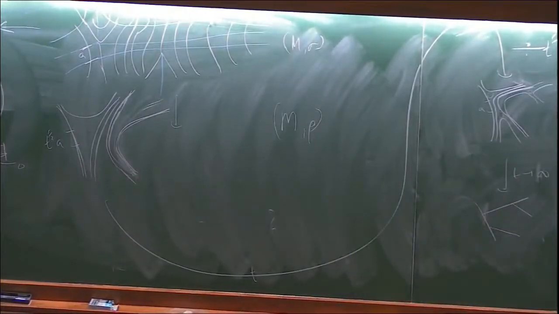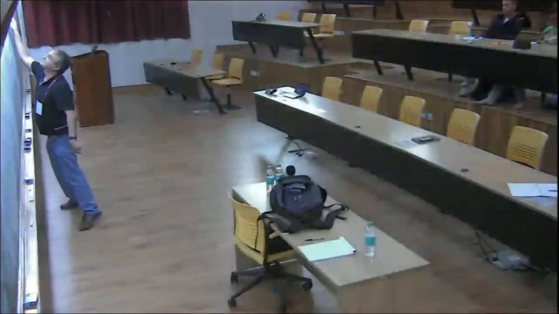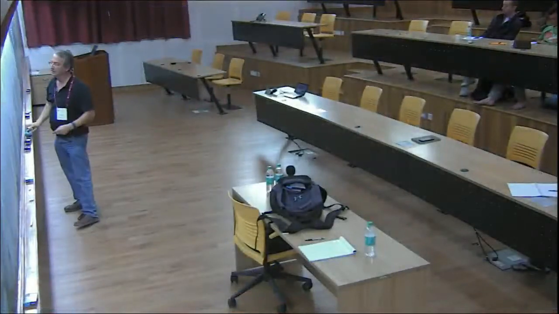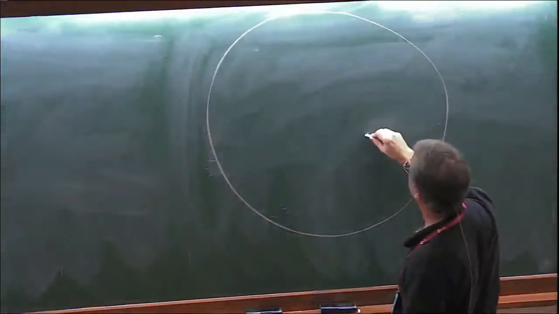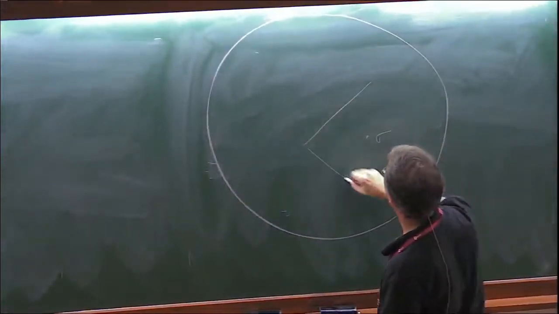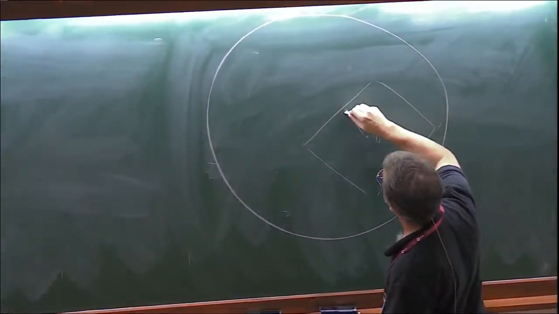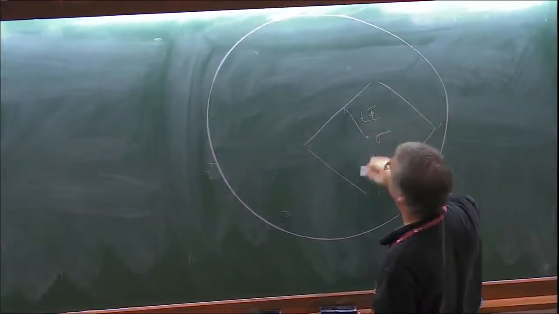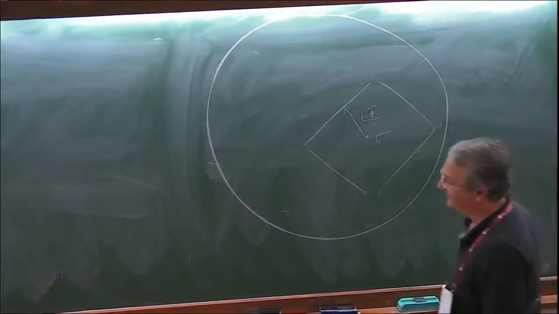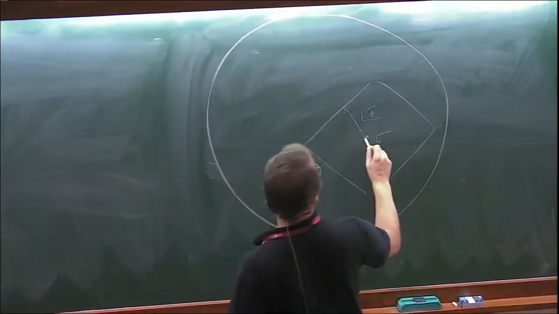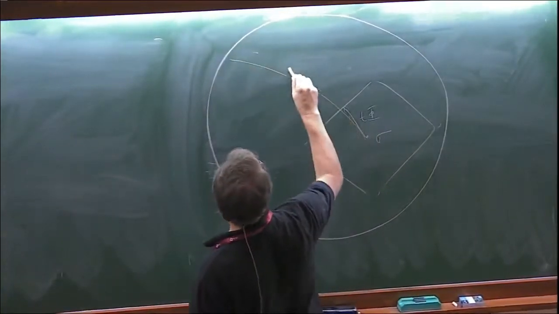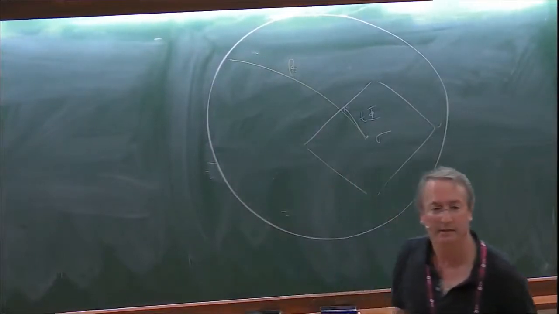So here's what's going on. We have Teichmuller space. Here's sigma. Here's my vector space. Here's my ray t phi 0. That gave rise to a family rho t.